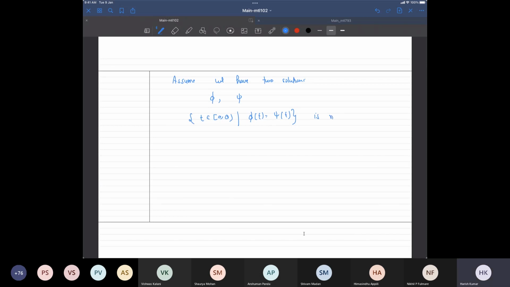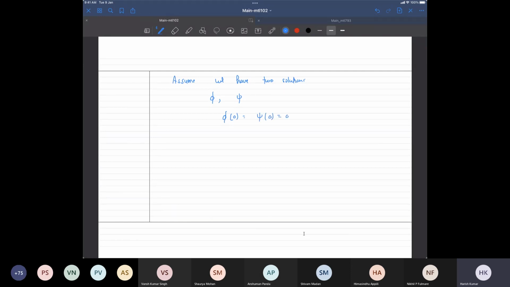Now I am taking two solutions. Of course, both these solutions have to satisfy the initial condition, so they will be something like this.